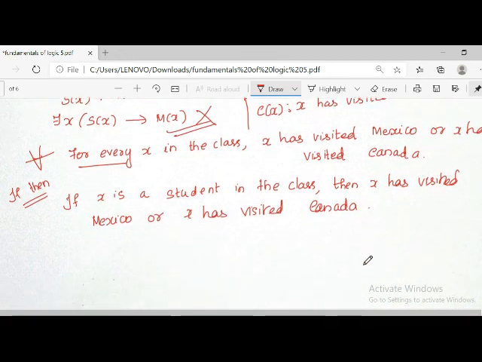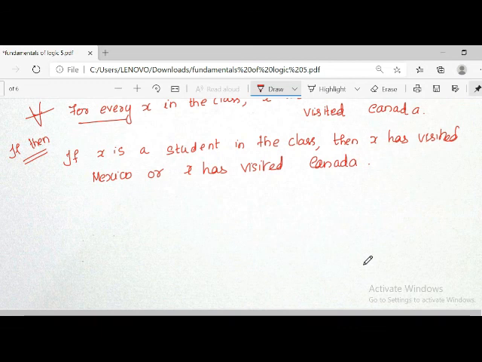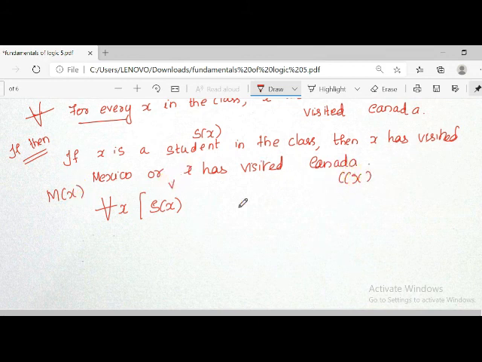For all x, I can write the statement as S of x, that is x is a student in the class, implies it has visited Mexico, M of x, or, where or is the connective word disjunction, has visited Canada. So I can write like this: M of x disjunction C of x will be the required answer.